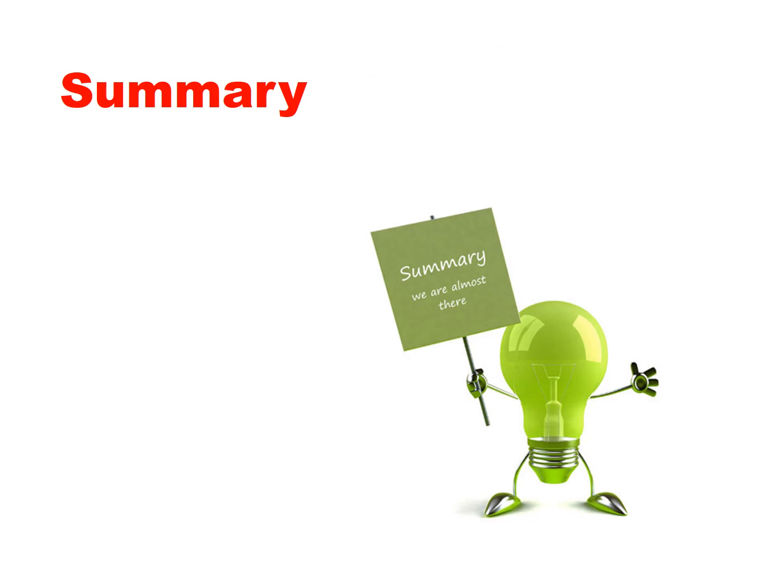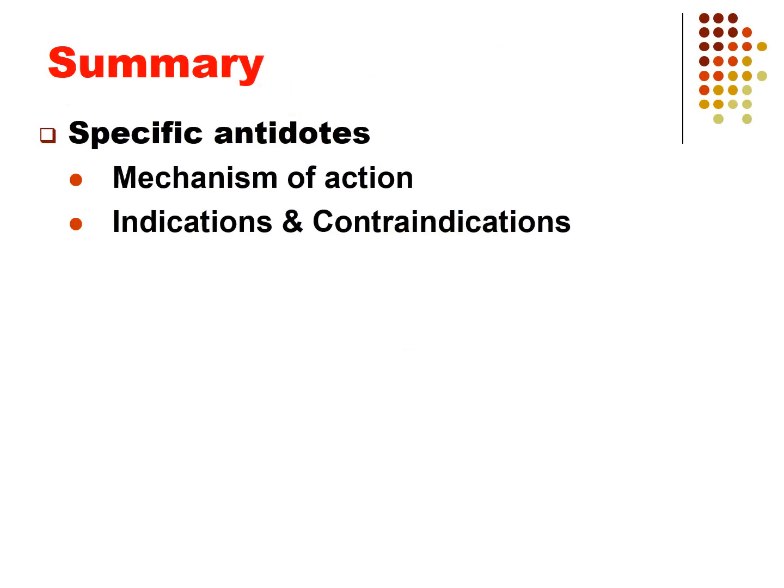To summarize this lecture, we have discussed the treatment using specific antidotes. They were classified according to the mechanism of action, and always search for specific indications of these drugs, and also if there is any contraindication for their use.